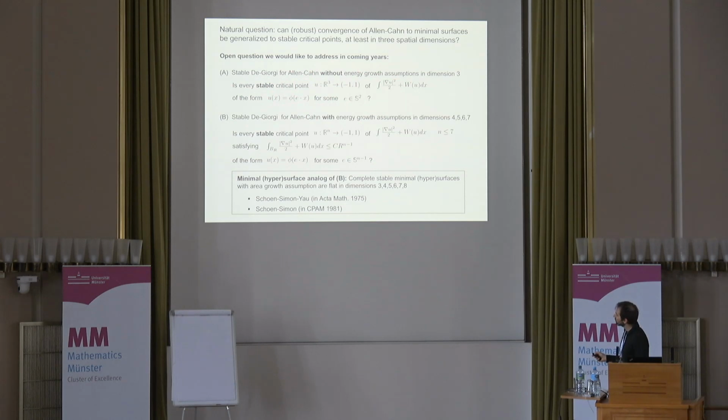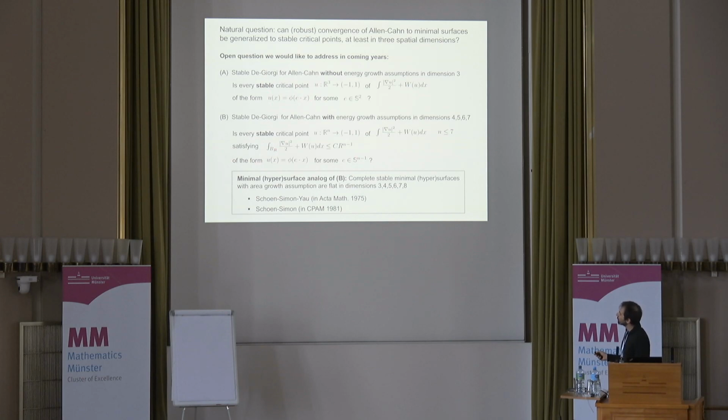This in higher dimensions probably is a bit easier than this, because it's like to show the stable de Giorgi for Allen-Cahn with energy growth assumptions in dimension 4 to 7. So here we want to assume the energy growth, like the energy in a ball of radius r is like r to the n minus 1. That is the energy when the function looks like this. But we want to go to higher dimensions.